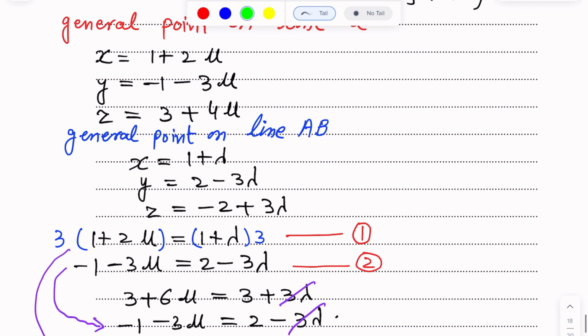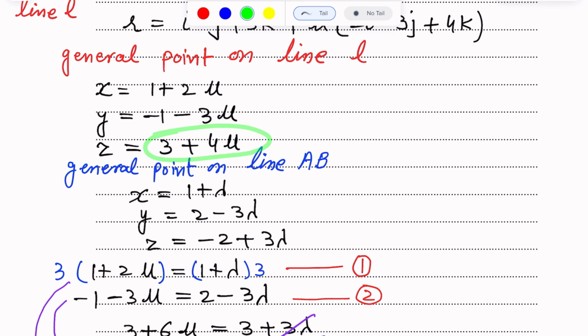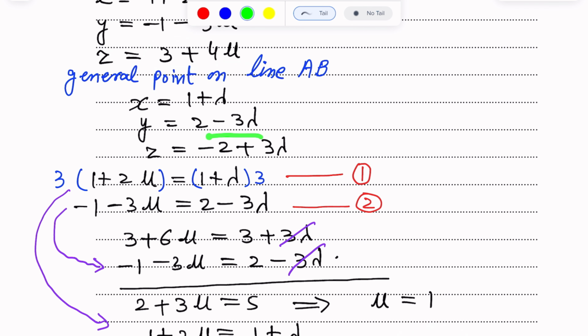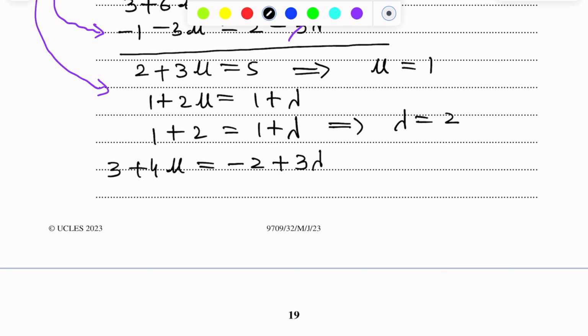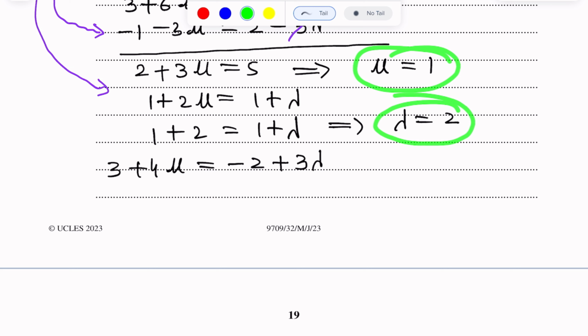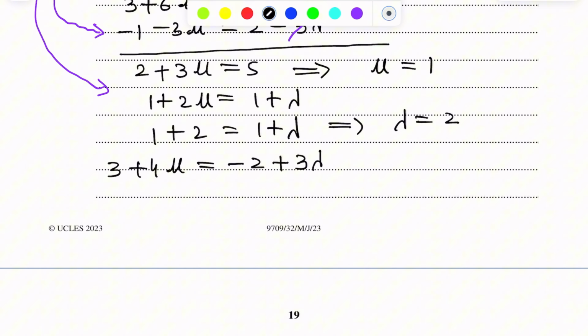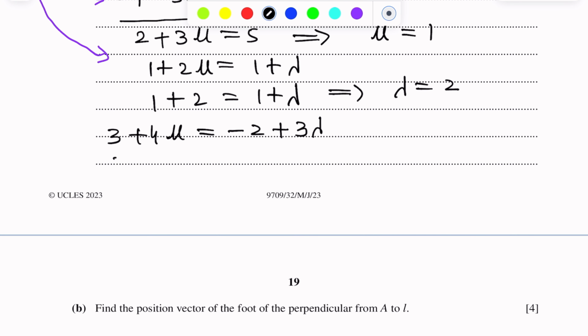Now we are equating the z coordinates of both the lines. We get 3 plus 4 mu is equal to minus 2 plus 3 lambda. Now putting the values of lambda and mu in this equation, we get 3 plus 4 into 1 on the left side, and on the right side minus 2 plus 3 into 2.